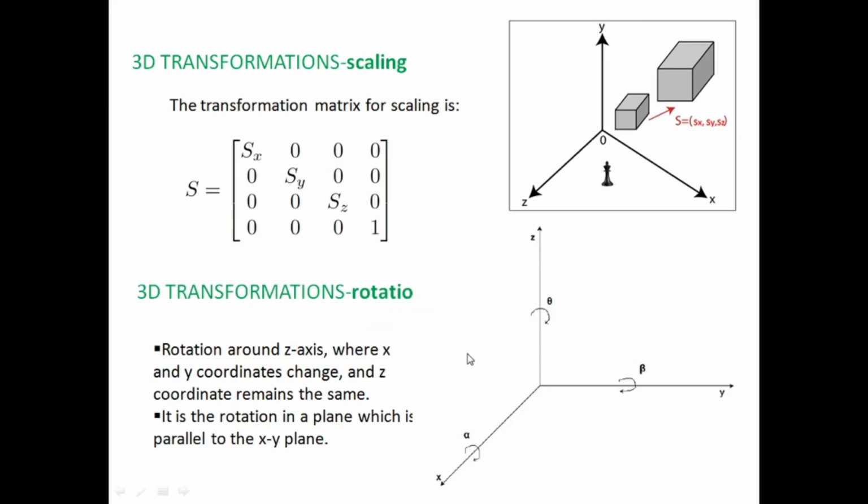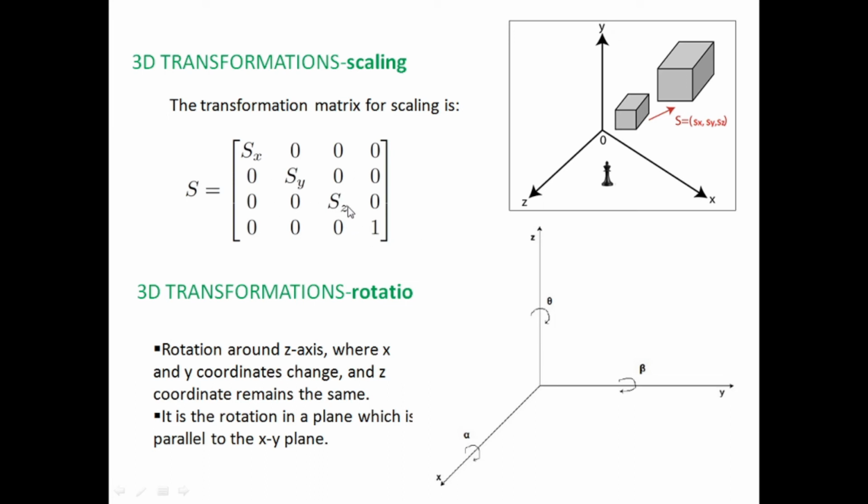Now what is the 3D transformation scaling? The same thing I discussed in the 2D transformation scaling, where we saw sx, sy. Here we need to add one more coordinate, that is sz. This will be the extra thing added in the matrix form.